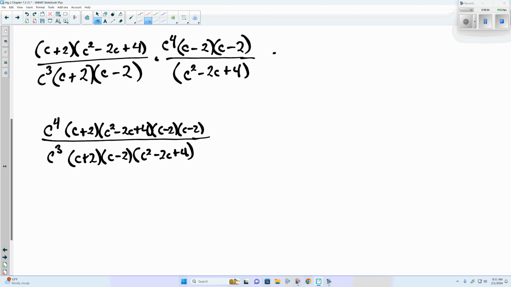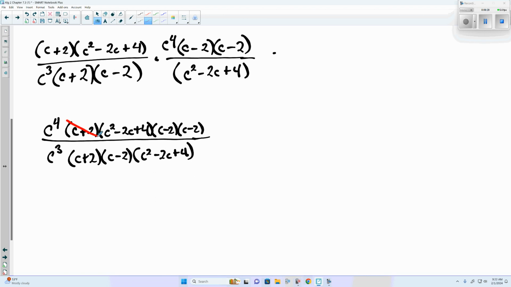Questions on how we got to this point here? Because all we've done up to this point is a whole bunch of factoring, not a whole lot else, and then pushing it all together. Because one of the things we have in common on top and bottom is what?